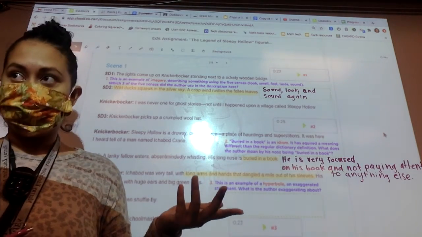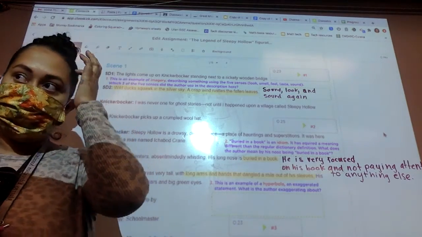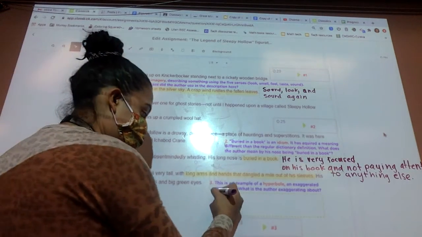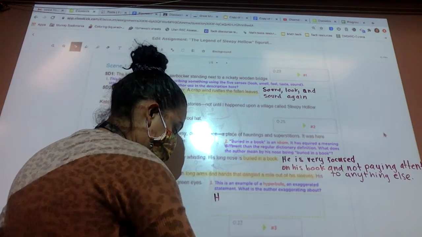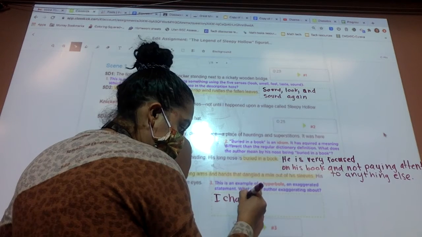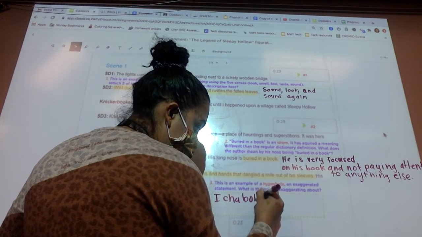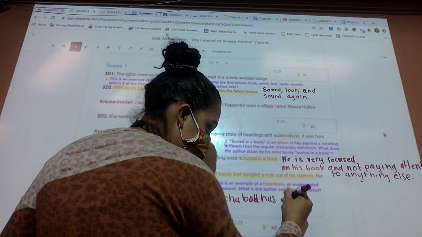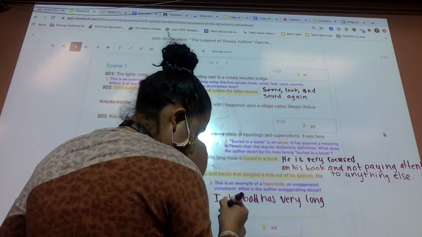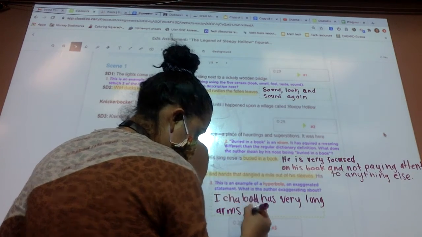Raise your hands. Sophie. Okay, so Ichabod, with a capital I, has very long arms. And lanky arms.